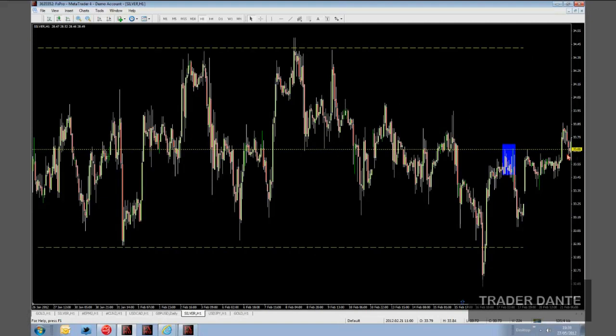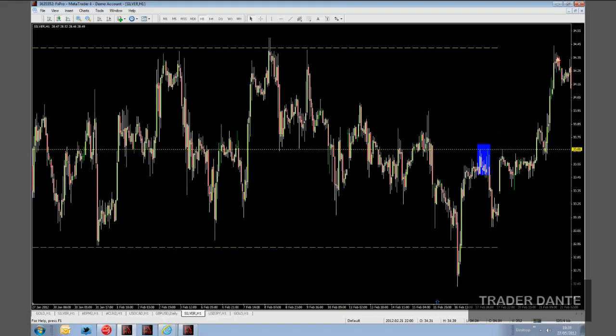We break the level, we come back for the retest, and the rest is history. We break up, and we get a nice, decent trade there. But it's worth noting a couple of points here. Number one is that that level to me would not be traded if I hadn't had that bias. It was not strong enough for me to trade it without that bias.